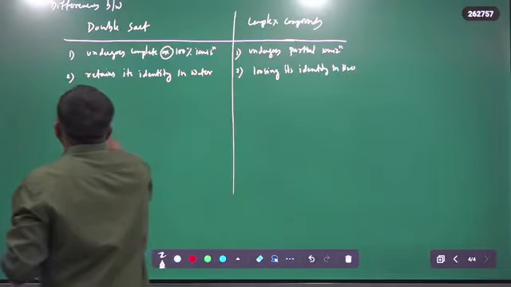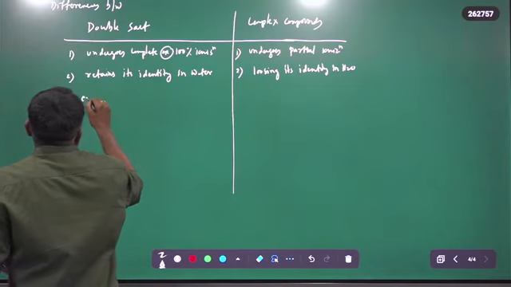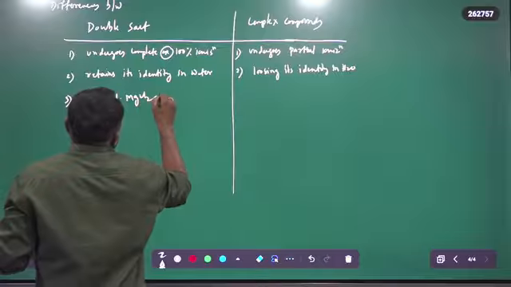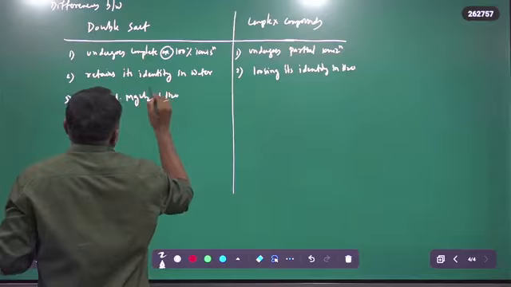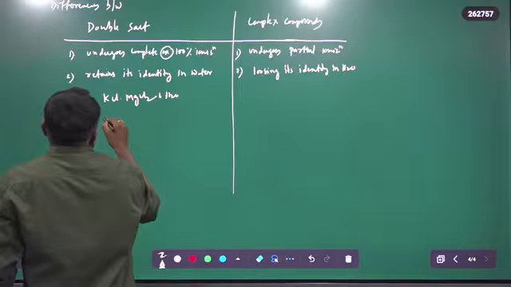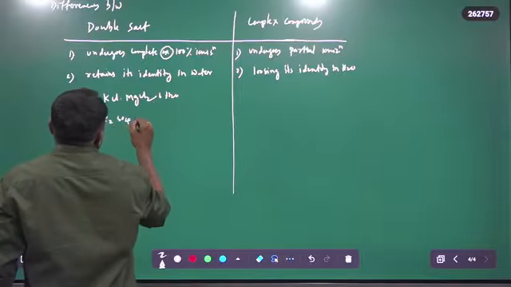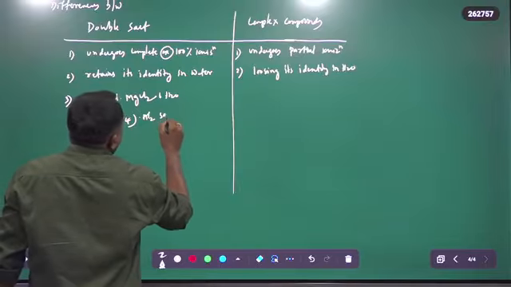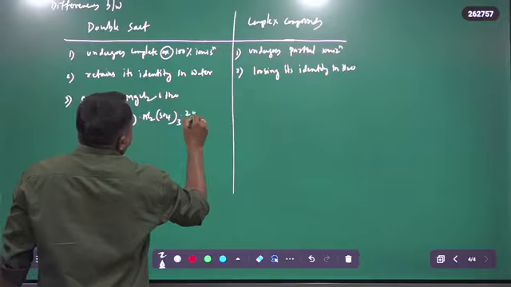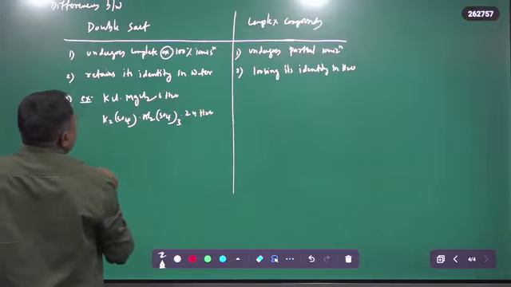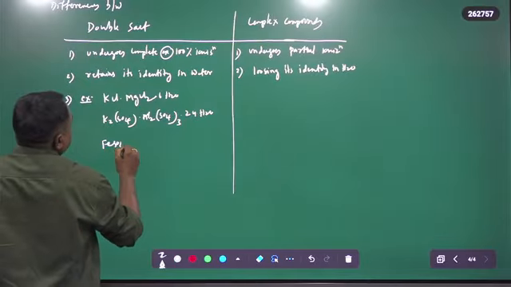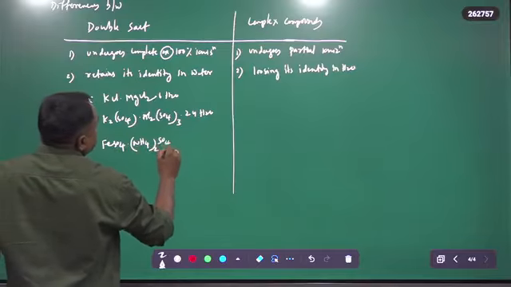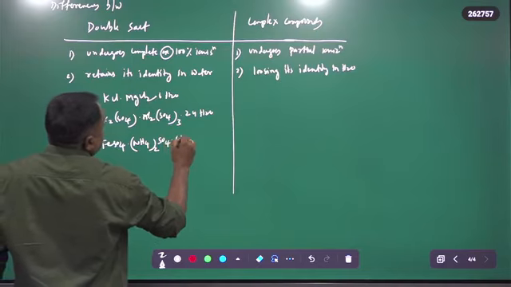And the third point, examples. Just now we saw KCl.MgCl2.6H2O, and potash alum, K2SO4.Al2(SO4)3.24H2O, and ferrous sulfate ammonium sulfate, this is Mohr's salt, FeSO4.(NH4)2SO4.6H2O.